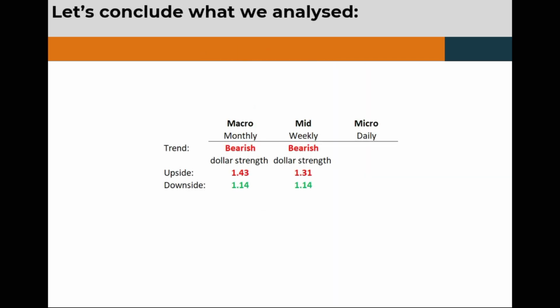Now if I need to conclude my analysis, starting with my macro monthly analysis, you can see I've highlighted the trend to be bearish. So that's nothing else than dollar strength. Upside potential 1.43, downside potential 1.14. Now my mid analysis, that's typically my weekly charts, also bearish, indicating dollar strength. So upside potential 1.31 and downside potential 1.14.